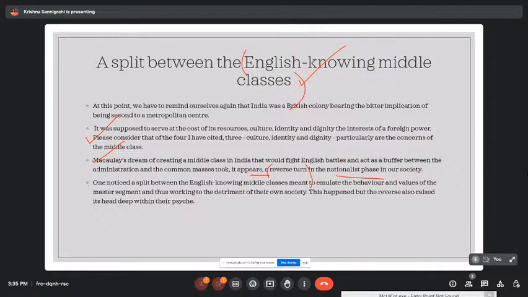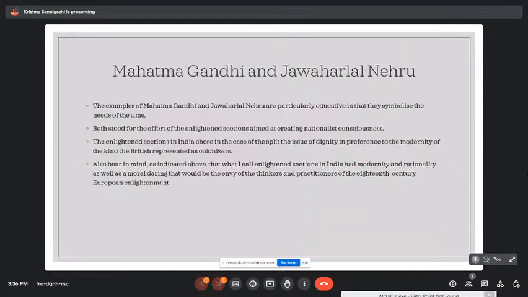And as a result, a split between the English knowing middle classes, meant to emulate, follow, or imitate the behavior and values of the master segment, thus working to the detriment of the society. And this happened, but the reverse also raised its head deep within the psyche. So there was a conflict, there was a split between English knowing middle classes.